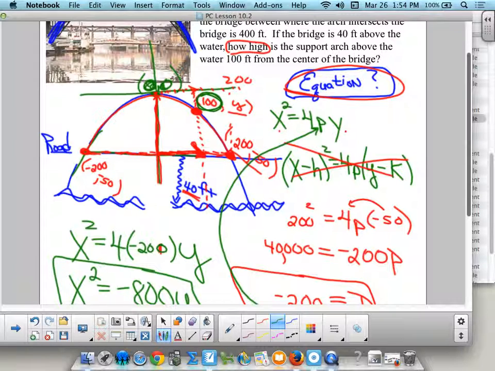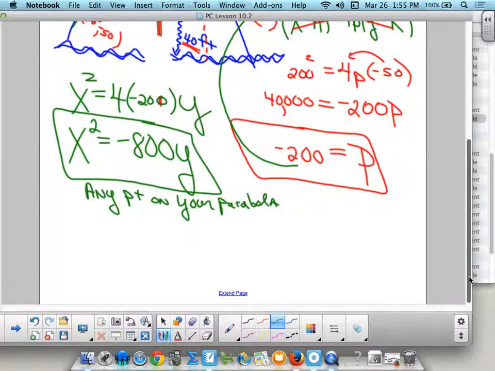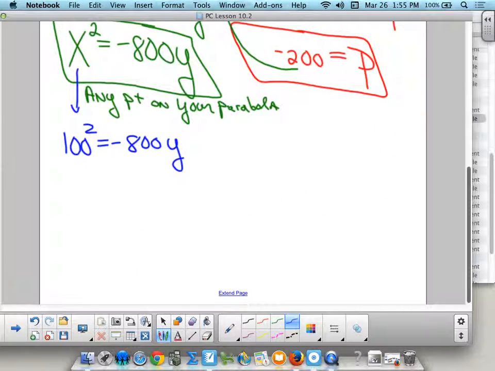Plug 100 in for x and get your y value. So let's do that. 100 in for x right here. 100 squared divided by negative 800.